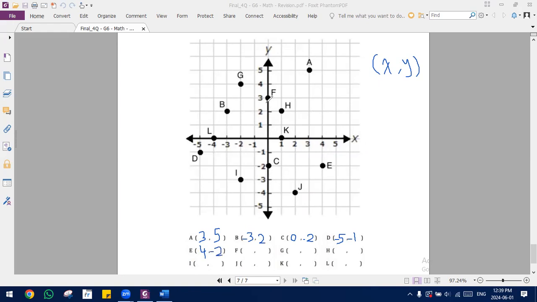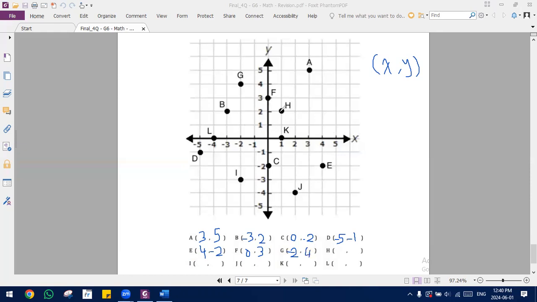Now the point F is on the y-axis, which means that the x will be 0. What's the y value of it? It's 3. The point G is on the left up. Since it's on the left, the x is negative, so minus 2. The point is up, it means it's positive. The y value is 4.